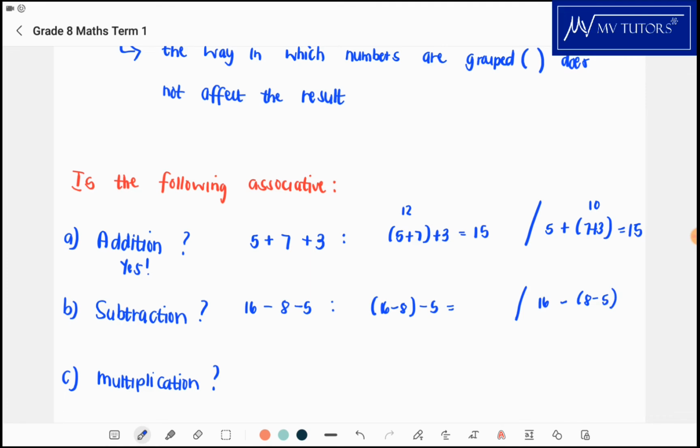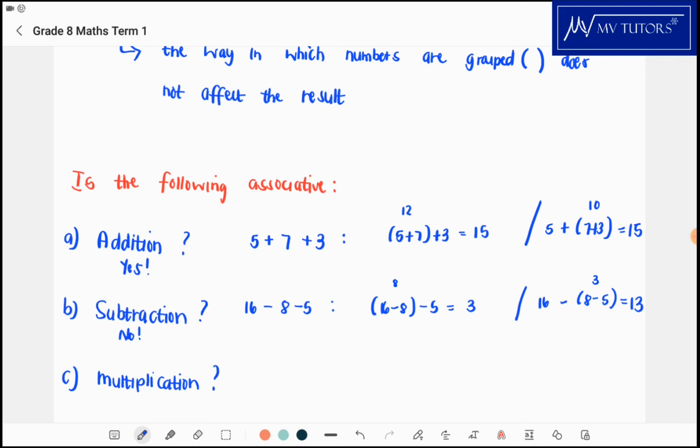So, 16 minus 8, that gives us 8. And 8 minus 5, that gives us 3. Now, when we start with brackets, 8 minus 5, that is 3. All right. Now, 16 minus 3, that is 13. So, is subtraction associative? No, it is not.